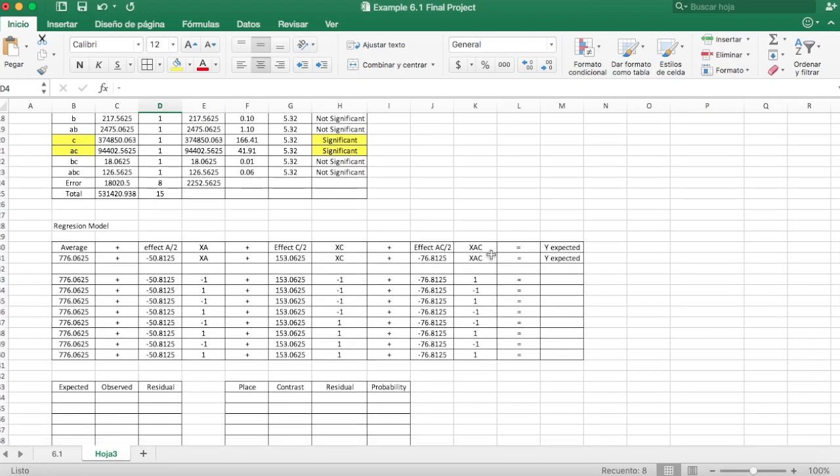Then X of A and C is the multiplication of XA and XC.